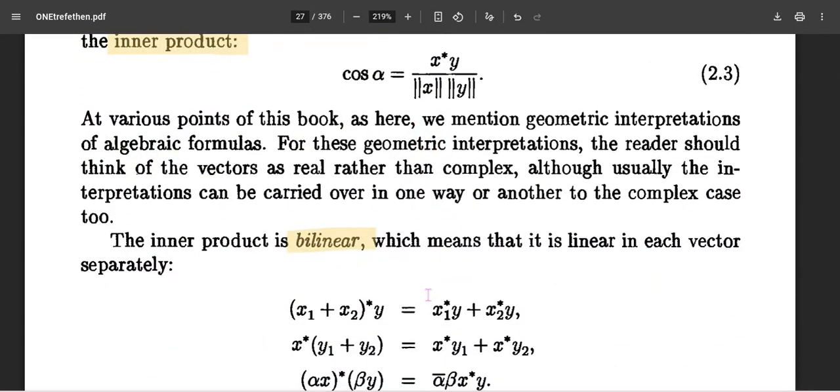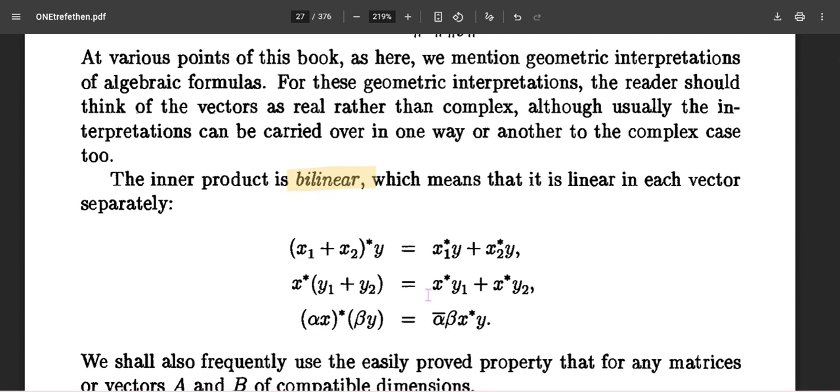There are some linear properties of this. If you are operating on the inner product of these two vectors, it has a linear property. It means that x1 plus x2, the resultant vector, making an inner product with y, is equivalent to the inner product of the first with y plus the inner product of the second component with y. Similarly for y1 plus y2.